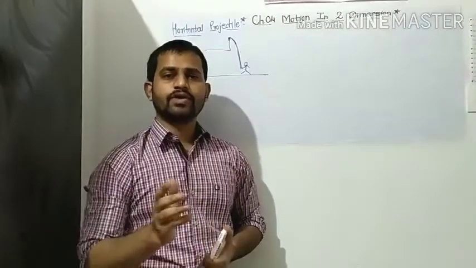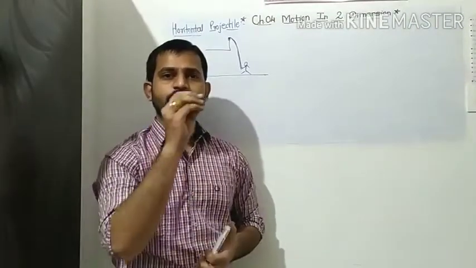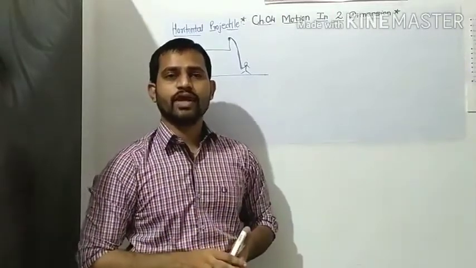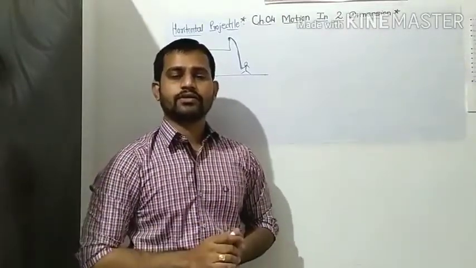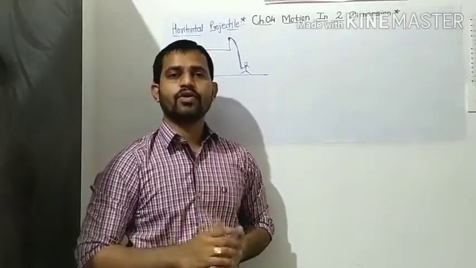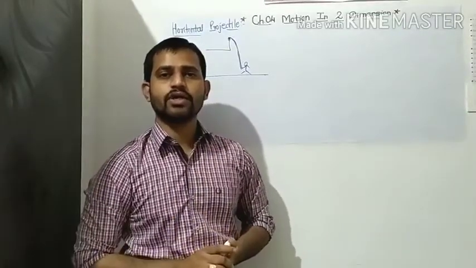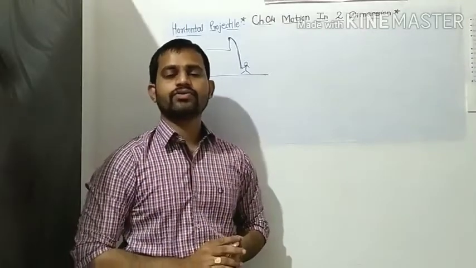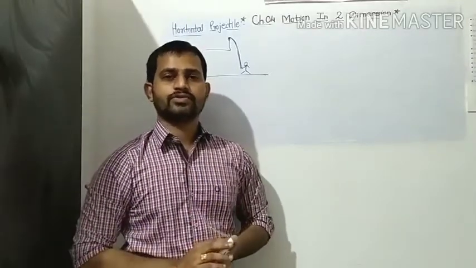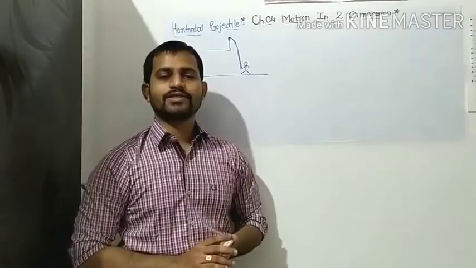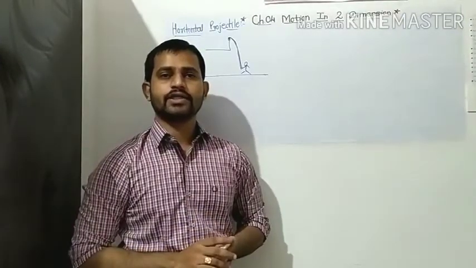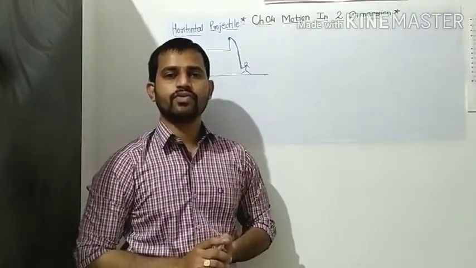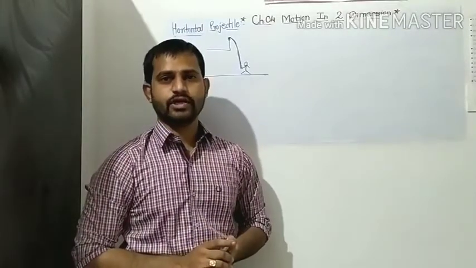Due to acceleration due to gravity acting on the ball, the speed of the ball increases, the velocity of the ball increases. Why is there a change in the speed, why is there an increase in the velocity? For that purpose we have to study the horizontal projectile motion.